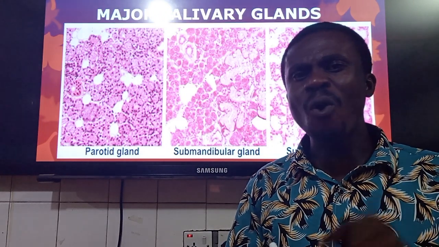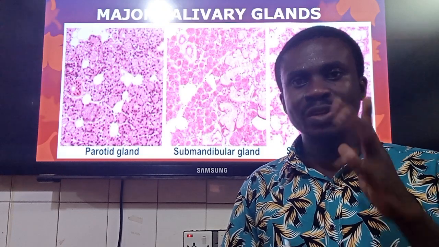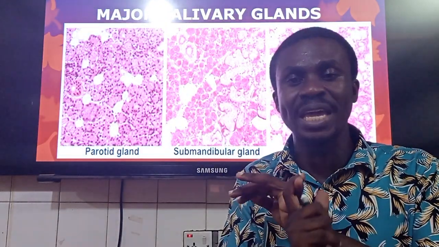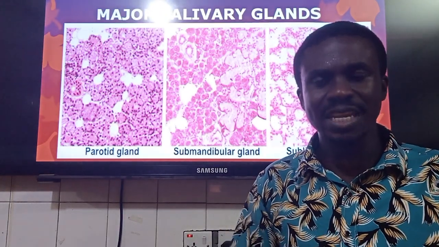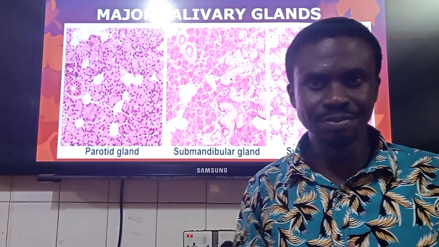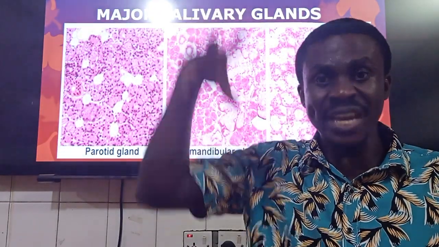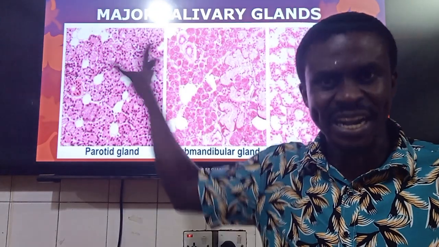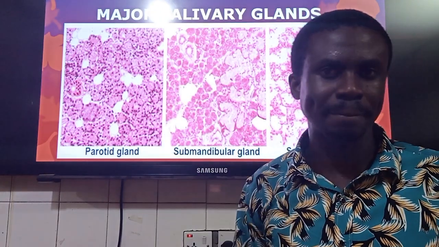Now, because they will be organs on their own, they will be encapsulated. Histologically, this one doesn't show the full section, but I want you to know that they will have the connective tissue capsule. And whenever you talk about a capsule, it is dense irregular connective tissue. Whenever we have capsules, they will invaginate the substance of that compound organ, or they will send what we call septations.